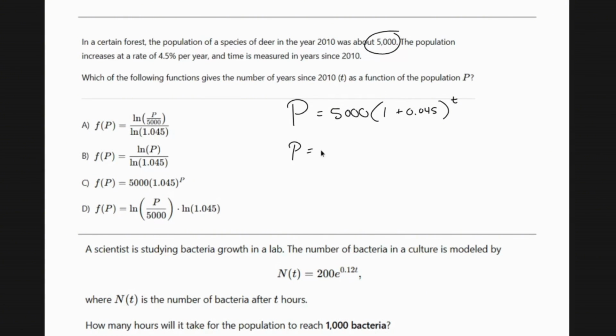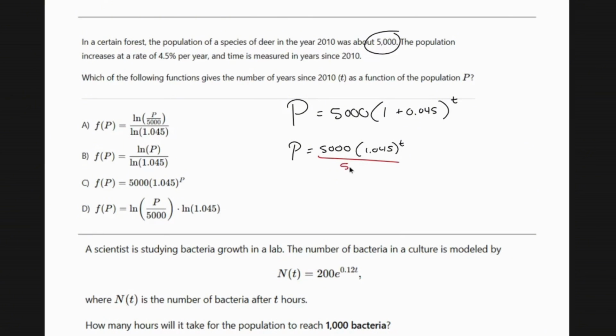And so that ends up being P equals 5,000 times 1.045 to the t, and most people are going to be very happy with that, except they want us to solve for t now. That's the trick behind this problem, because I think most people would circle C and be like, that's not that bad. Unfortunately, it's not that simple.